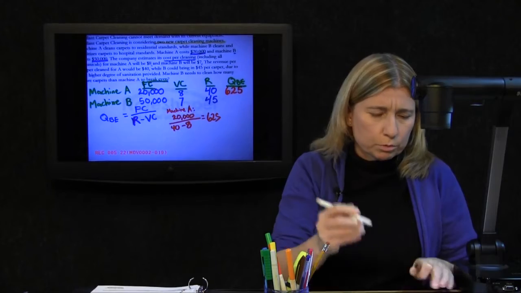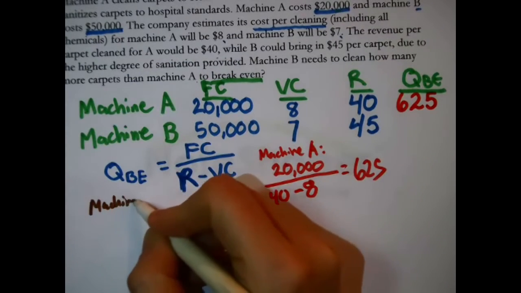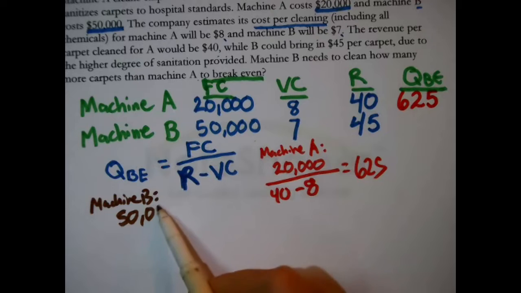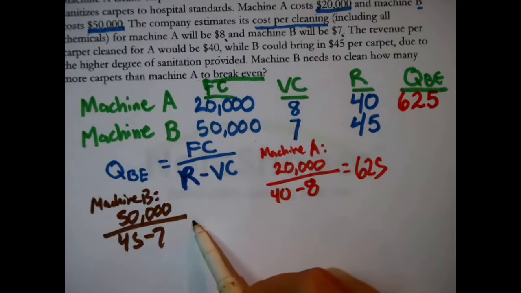Okay, some scratch work. Same formula, different parameters. Machine B, the fixed cost is $50,000, so that would be the numerator. The revenue is $45,000. The variable cost is $7,000.